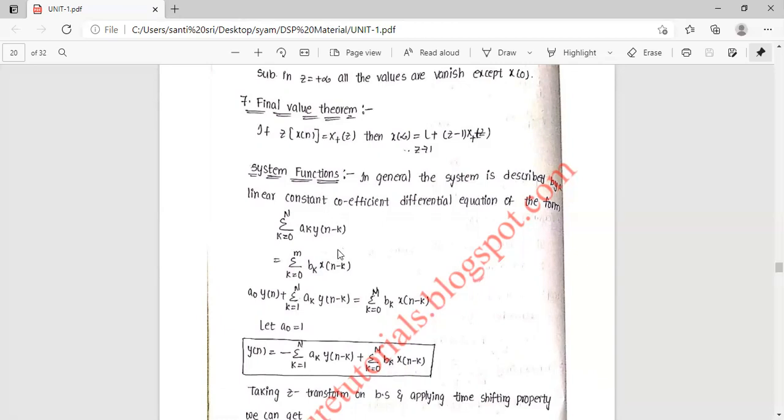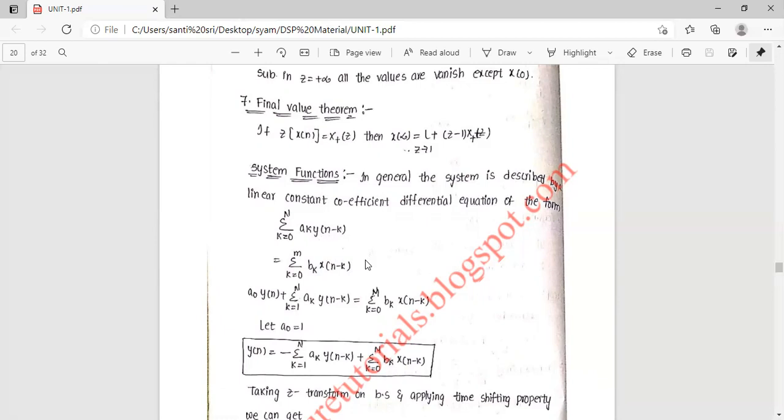Okay, so this is a linear constant coefficient differential equation. It is represented like this: sigma k equal to 0 to n ak into y of n minus k is equal to sigma k equal to 0 to m bk into x of n minus k.